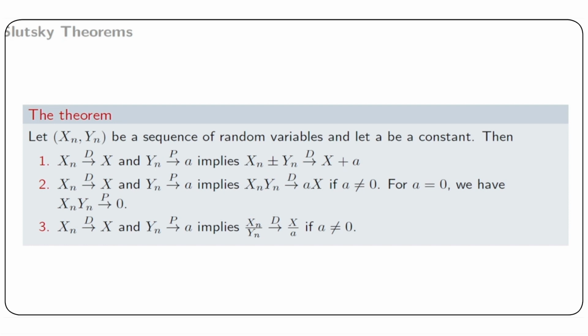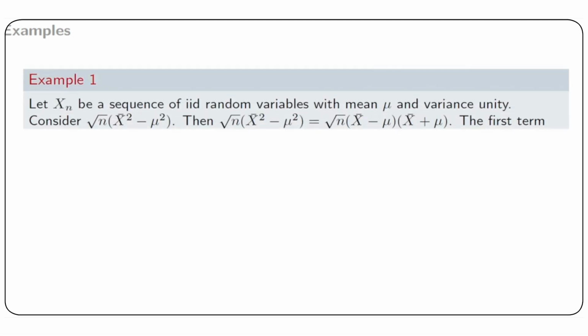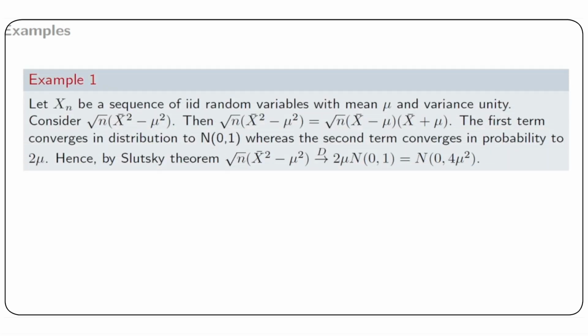Actually, the Slutsky theorem for the ratio of random variables comes from the Slutsky theorem for the product of the random variables. So let us illustrate with some examples. Consider our first example. Let Xn be a sequence of IID random variables with mean mu and variance unity.